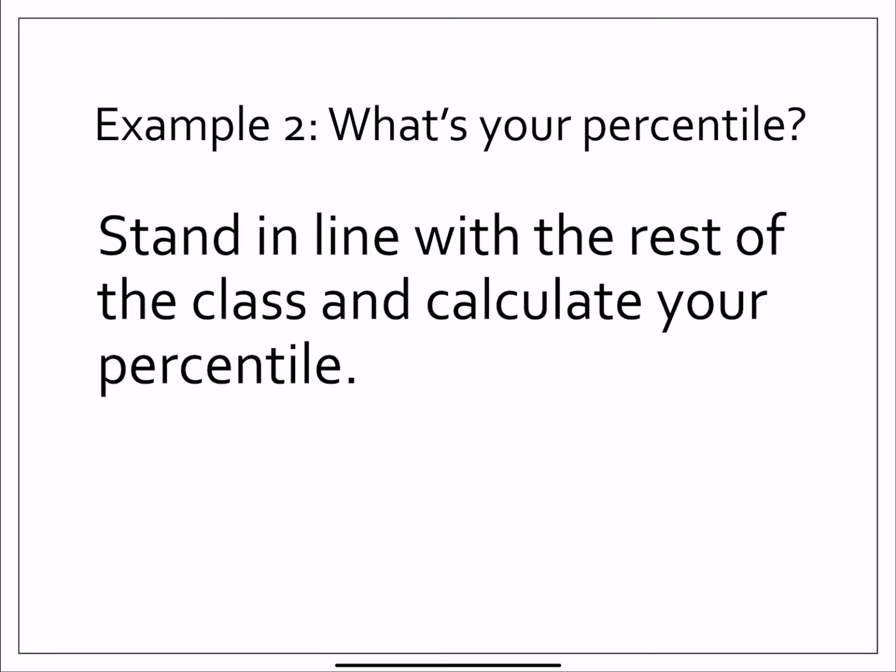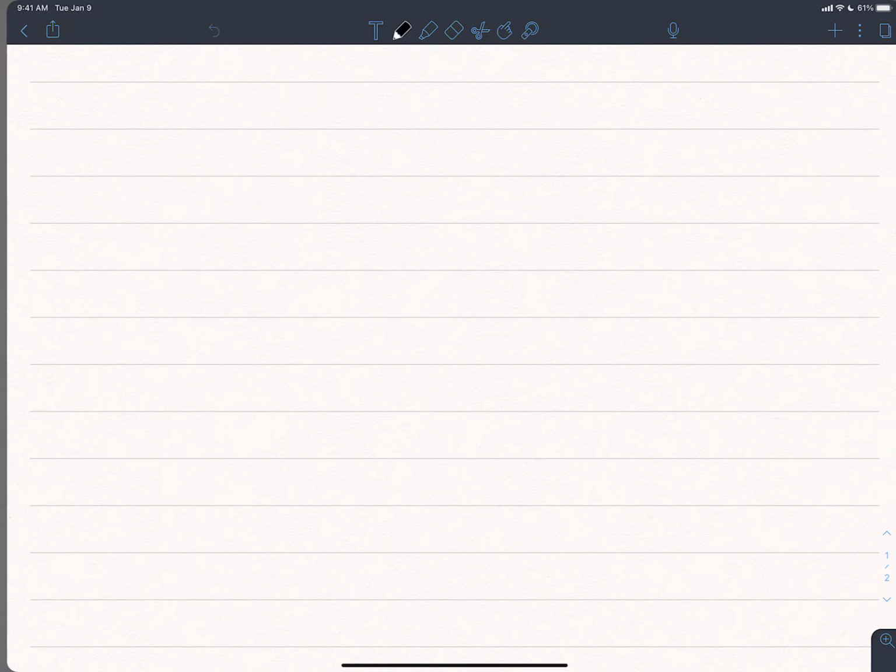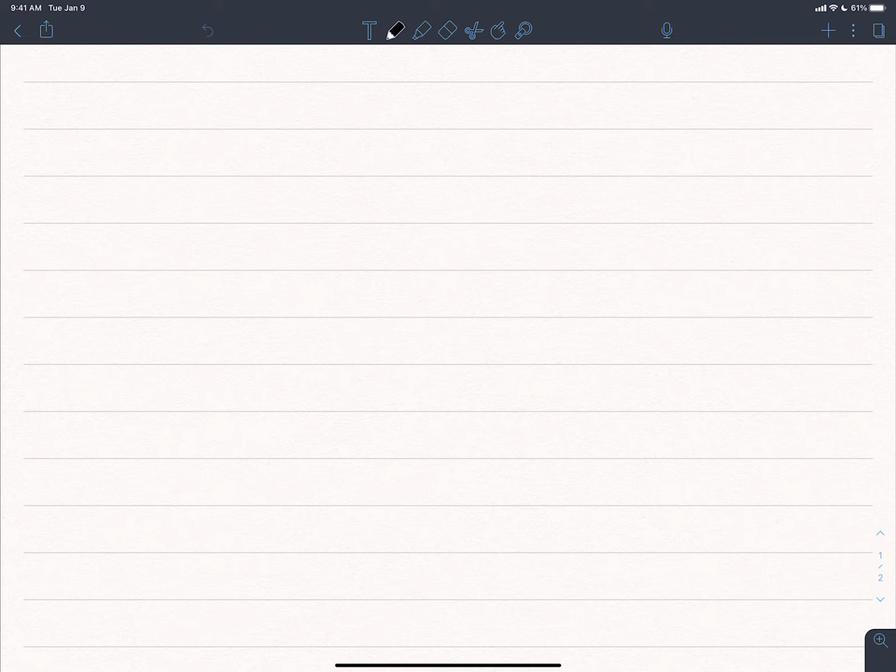Let's do another example. So let's say we're measuring children's head sizes. How big are these babies' heads? So we collect a bunch of baby head sizes, and we get that one baby's head is 7 inches.